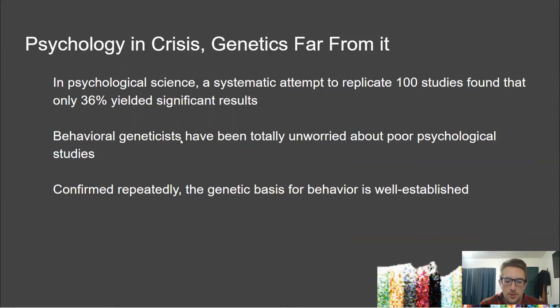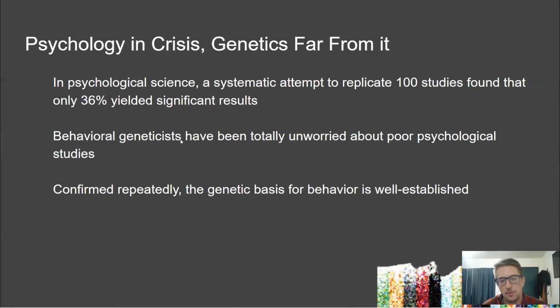So the reason for the big waves that GWAS are making in behavioral genetics is because mostly psychological studies are pretty not great. A lot of people know this, but if you look at 100 psychological papers, only around 36% will replicate or yield significant results.